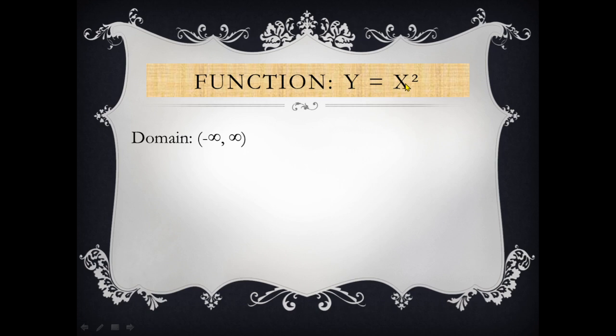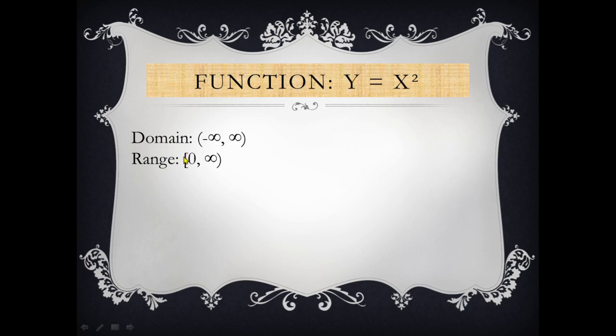For this function x square, even if x is a negative number, y will be a positive number, so the range will be all positive numbers including 0. The range is 0 to infinity, including 0.